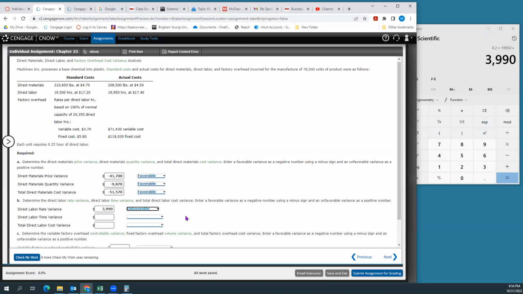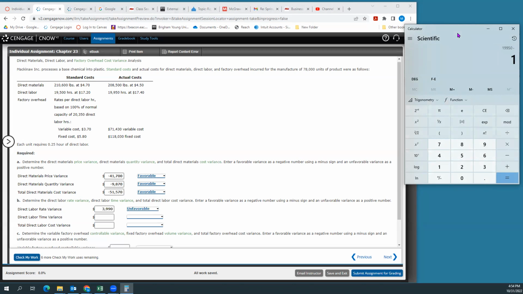Our direct labor time variance is the variance based on the fact that it took more direct labor time to do the job than we thought. To do that, we take our actual direct labor hours, 19,950, and subtract our standard direct labor hours of 19,500.